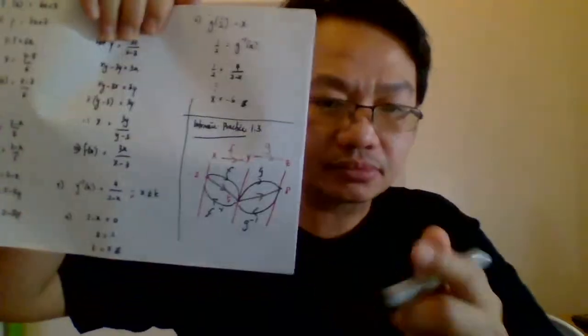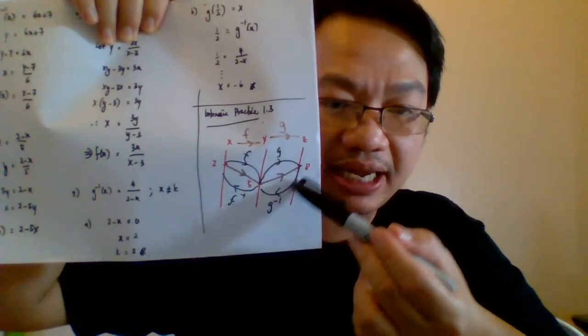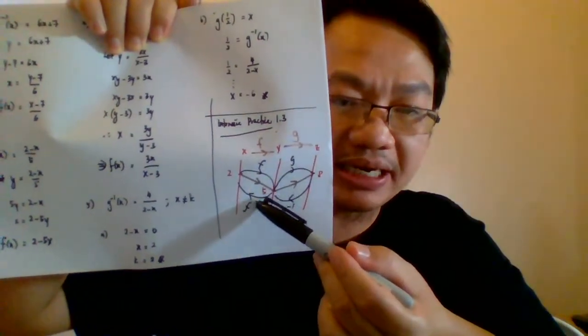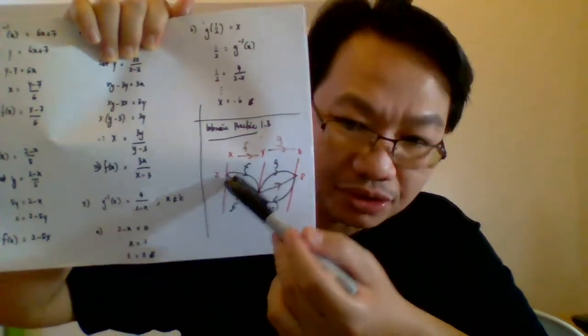And the last one, F inverse G inverse 8. F inverse G inverse bracket 8, we need to read the back function first. That means the G inverse 8. Look at here. The G inverse 8 equals to 5 and the F inverse 5 equals to 2.